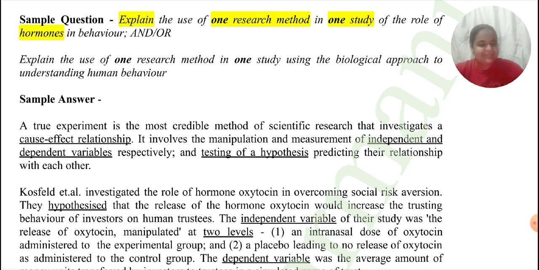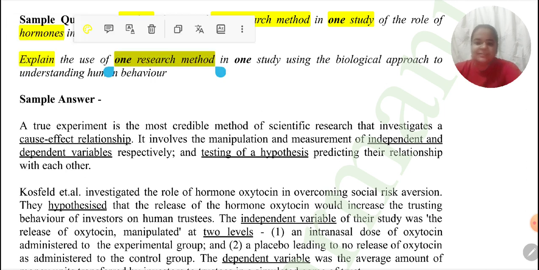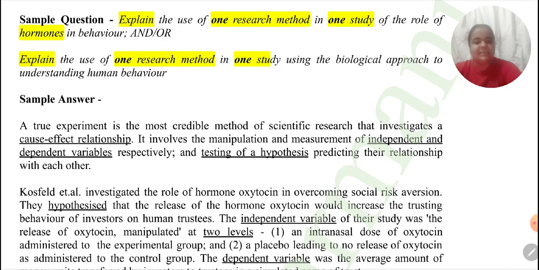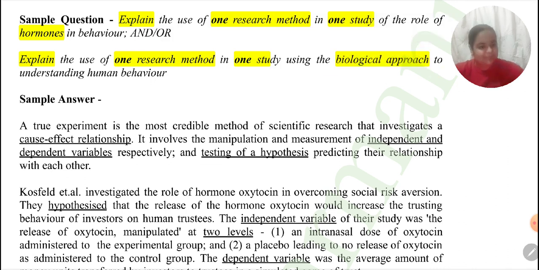Now I know that students of the IBDP psychology program like to be parsimonious. So they like to study a minimum number of studies and answer with the help of those the maximum number of questions that they can. So you will be happy to know that if you prepare an answer to this question, you can answer one more question with the help of the same answer. That question is, explain the use of one research method in one study using the biological approach to understanding human behavior.